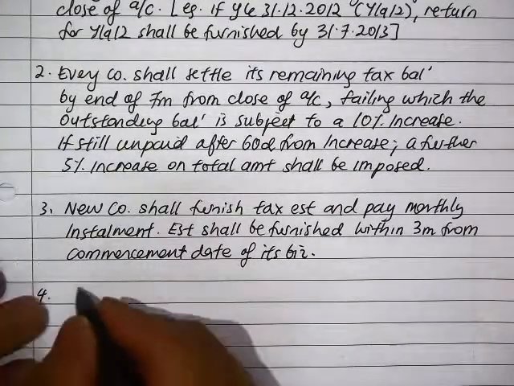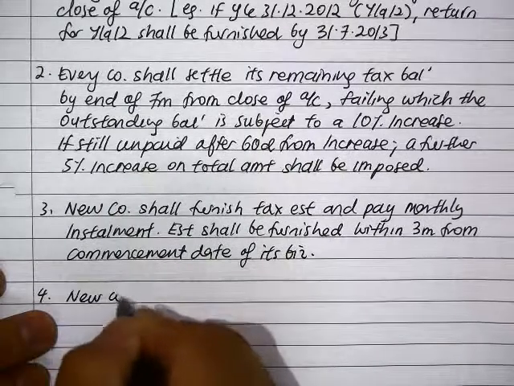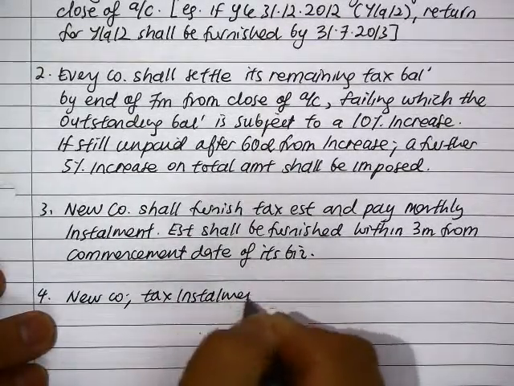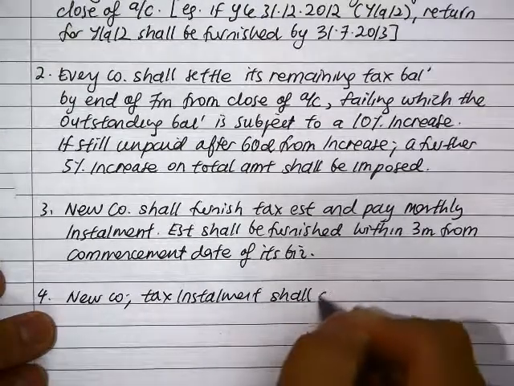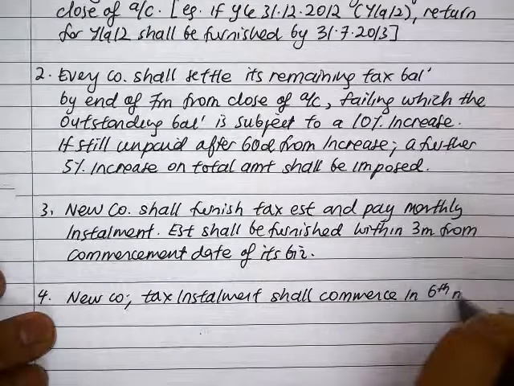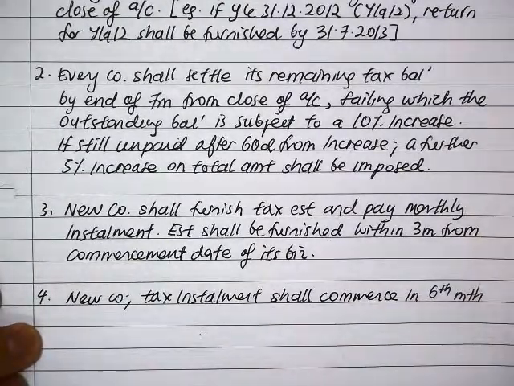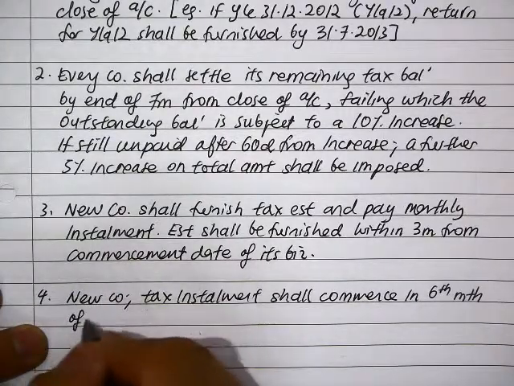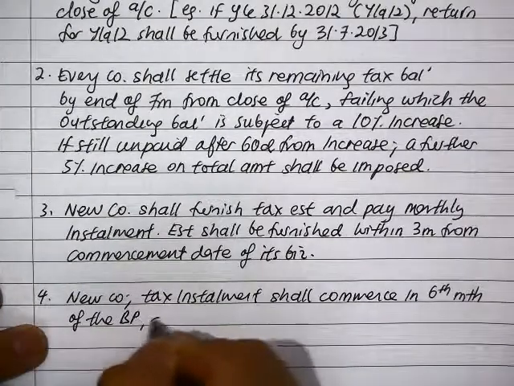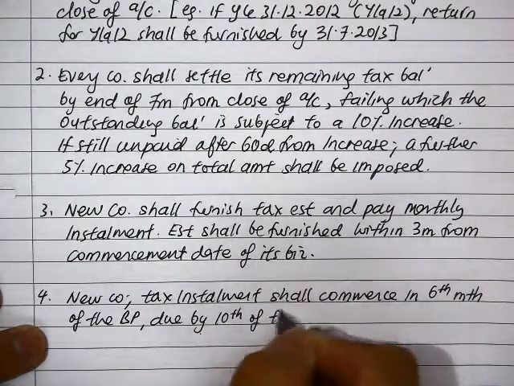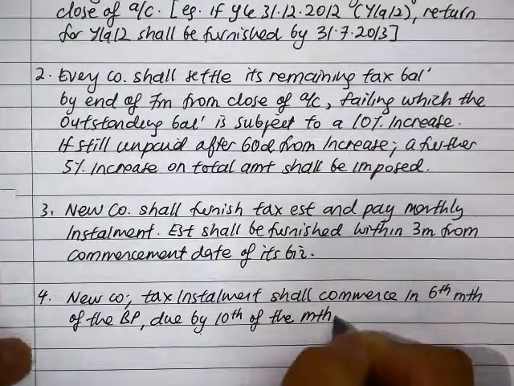Okay, now for new company, tax installment shall commence in the 6th month of the basis period, due by the 10th of the month.